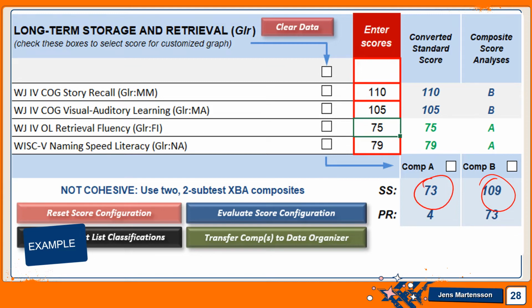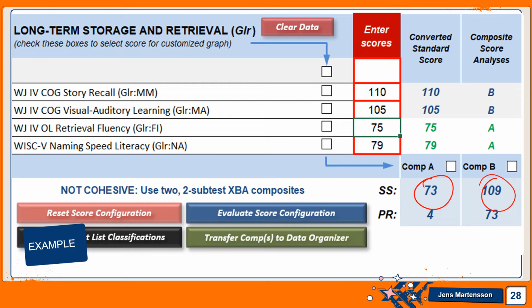So it's like, what do I call GLR? You know, and this is where you have to kind of use your professional judgment, multiple sources of data. Remember, the XBASS should not make the decision for you. You make the decision about SLD. Okay, you make it. This is a dumb calculator. The XBASS is a calculator, a dumb old calculator.